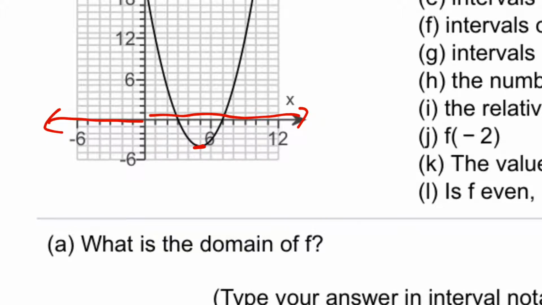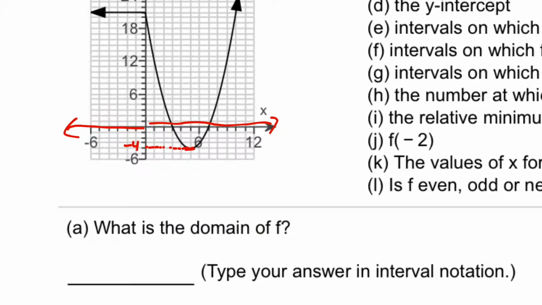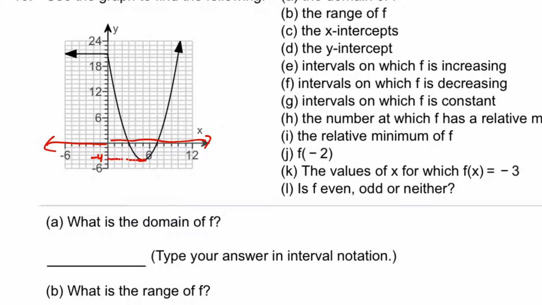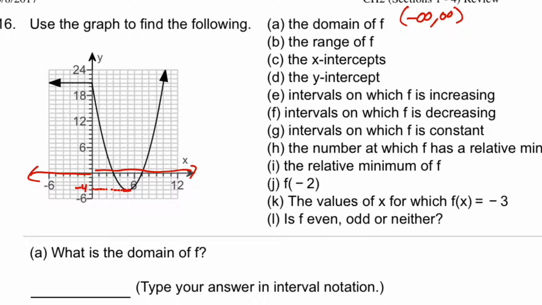And if we go across, okay, so if the bottom is negative 6, that has to be negative 4. Okay, so our lowest y value, or the lowest value of the function, okay, not the location, but the value this time, all right, is going to be negative 4, and it's going to go all the way up to infinity.